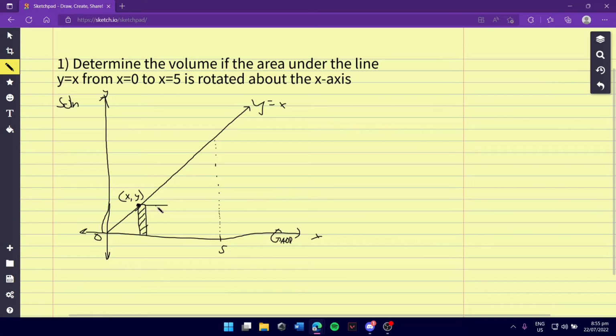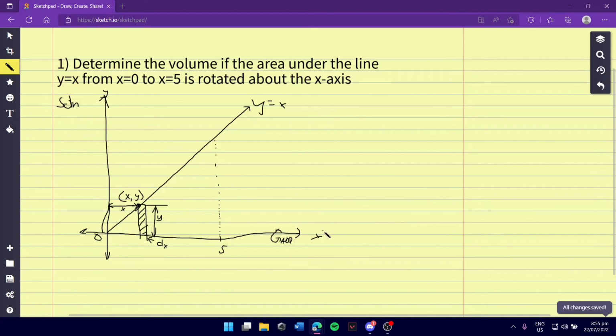The length is your y, and from the y-axis or the origin to your vertical strip is called your x, right? Then your thickness of the vertical strip is called your dx. So this is your dx.